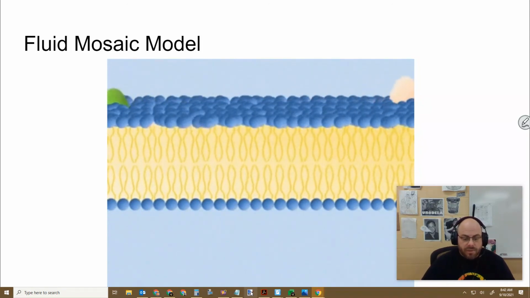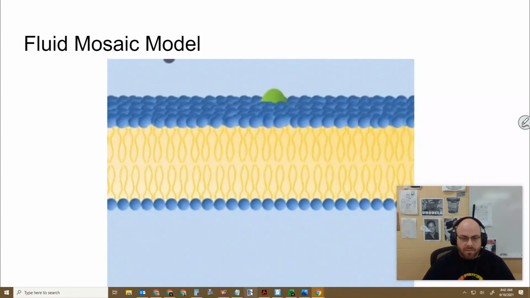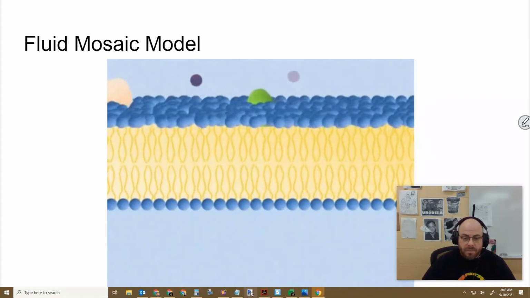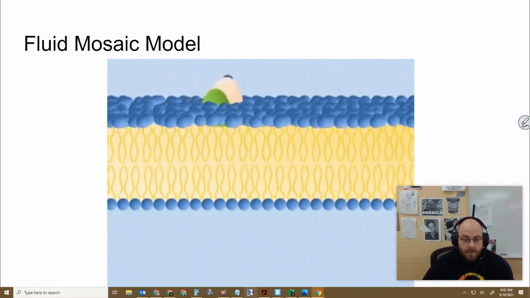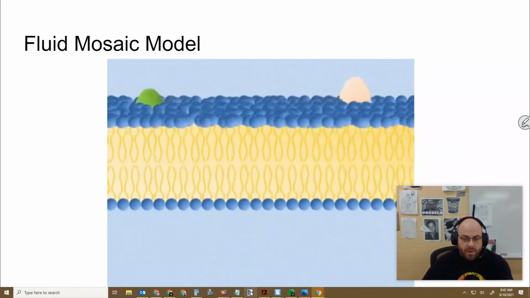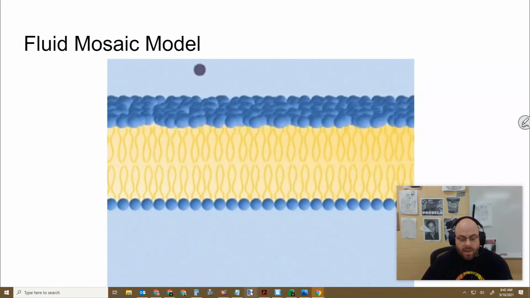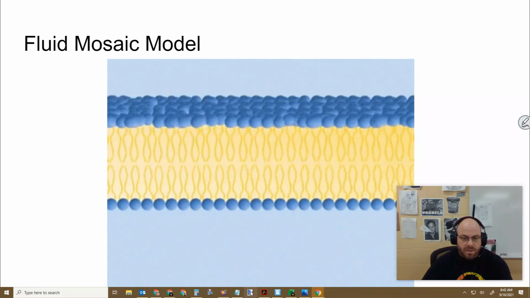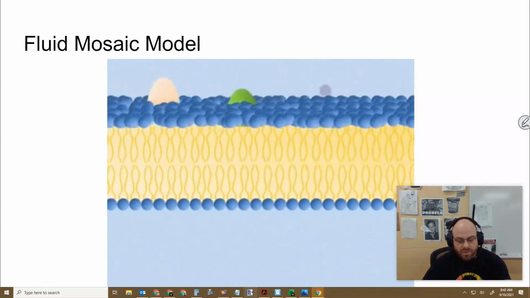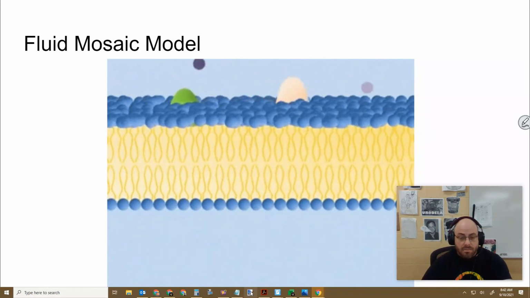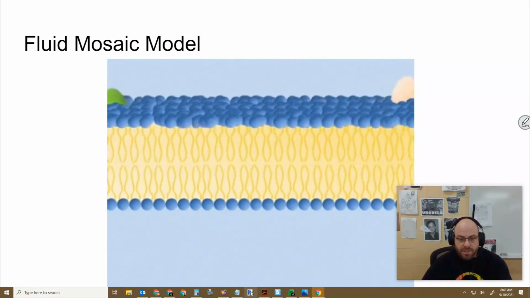And so when we say fluid mosaic model, it's a mosaic in that there are multiple kinds of things going on. You have phospholipids, you have proteins, you have other things going on in the cellular membrane. And it's also fluid, so it's constantly moving. It's not a static structure, but we say it's a dynamic structure. It's constantly moving around, constantly changing positions.